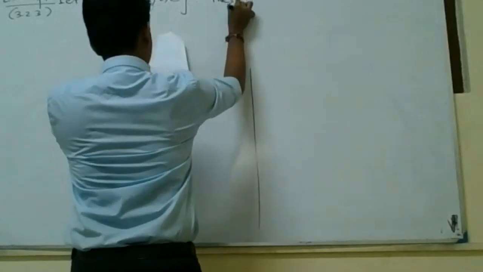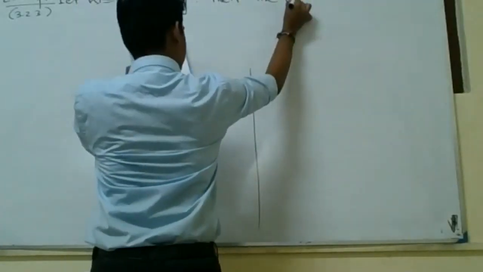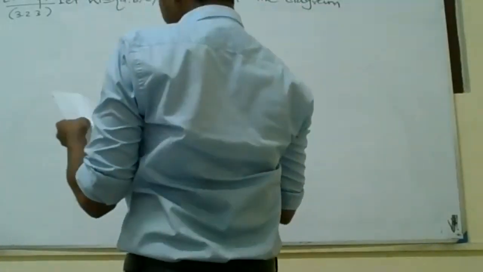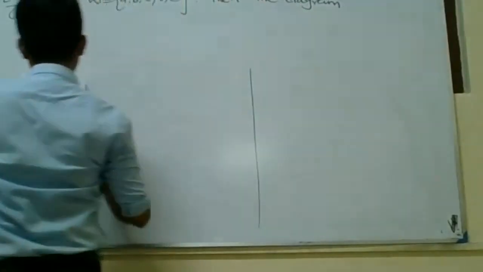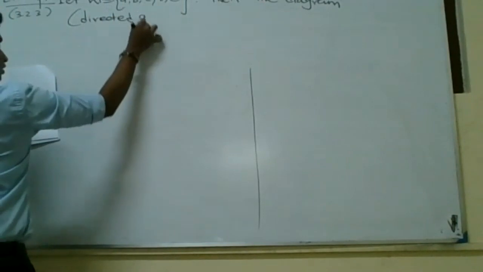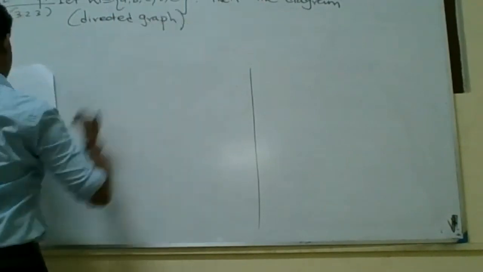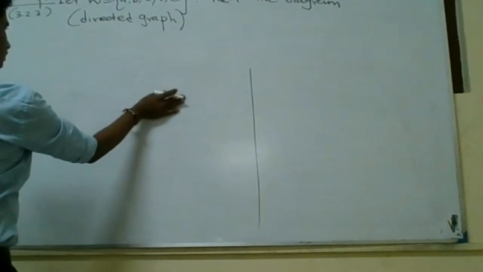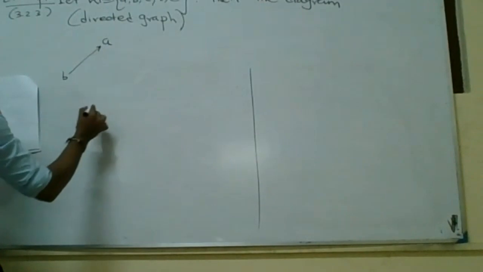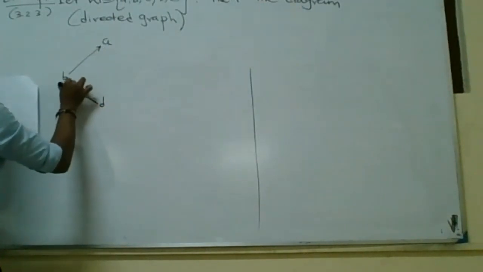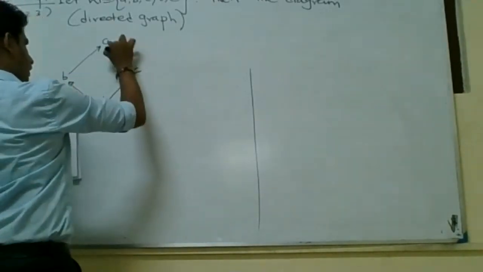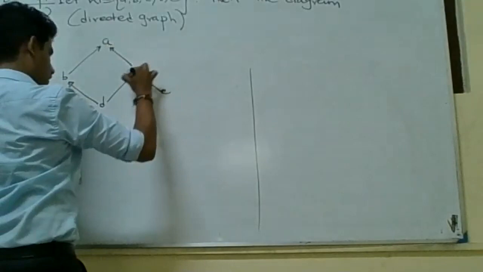Then the diagram, this diagram is called a bracket graph, right? Bracket graph. You can draw this diagram. There are some relations between B and A, B to B, B to C, C to A.